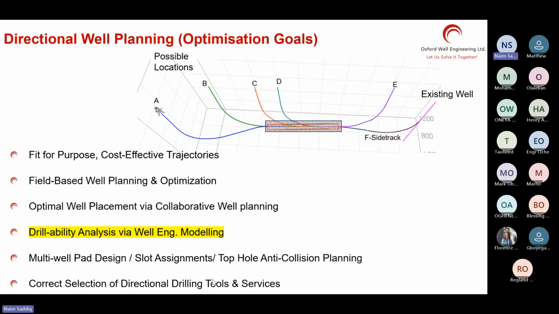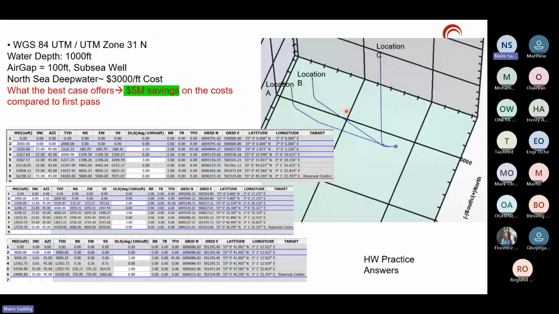To also give you some examples of optimization, there was one incident where somebody gave us a target and a location as well. People say, okay, guys, this location is my favorite, or this location I think we can drill from. When it came to me, I said, okay, let's design a well for you from the location you are asking, going to the target.